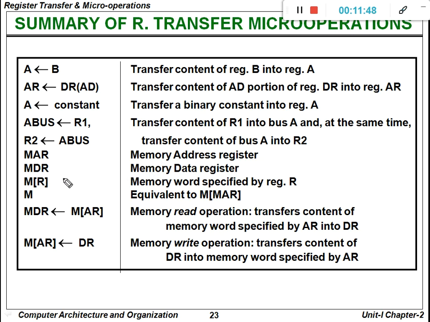Next, M of R. M of R means a memory word specified by register R. Sometimes, in addition to passing an address, we are going to pass a register value also, to fetch particular information. So this particular register is going to contain the address.